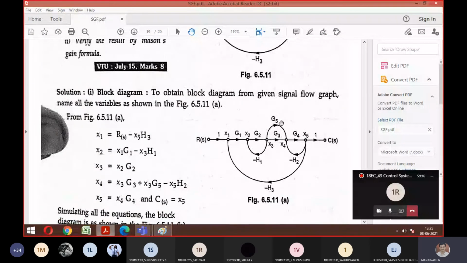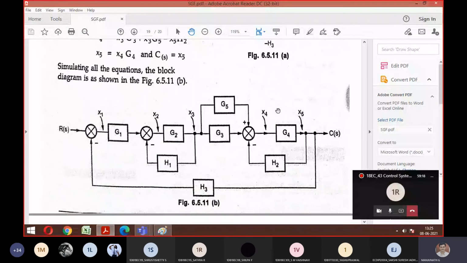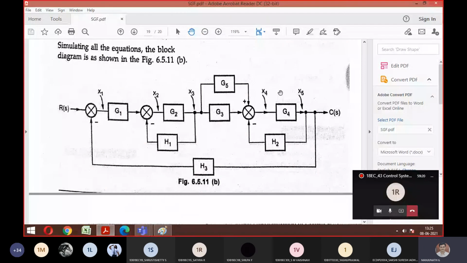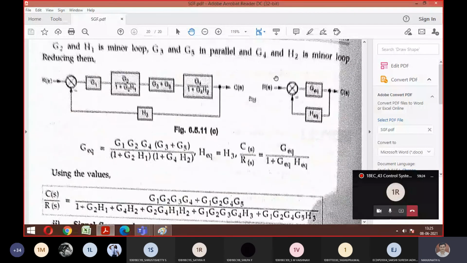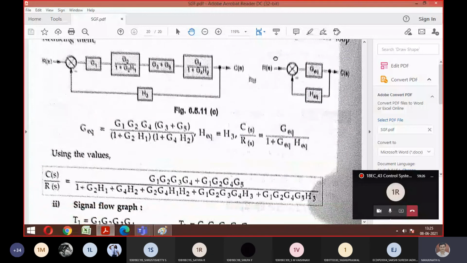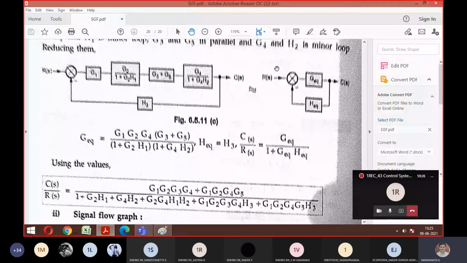I'll just show the answer, just check out others. Look at this. Is this the answer you got? So G1 G2, you keep as it is and tell me, Satya, because we'll check. I don't need to cancel anything. So just substitute the values.